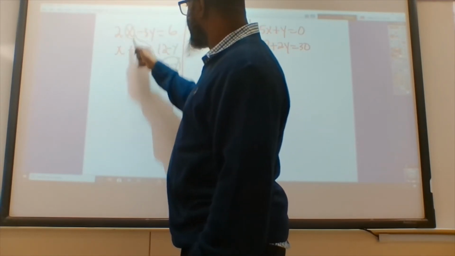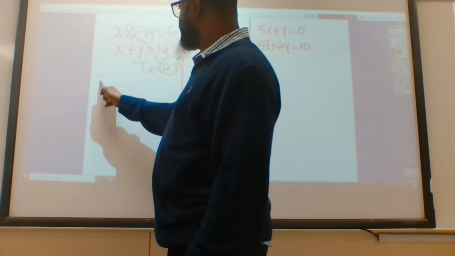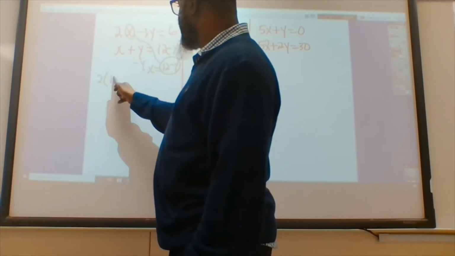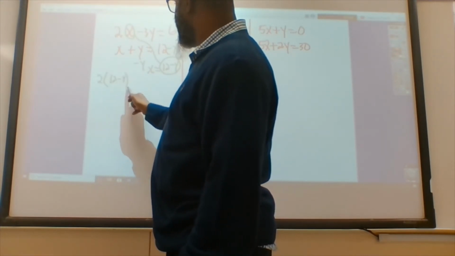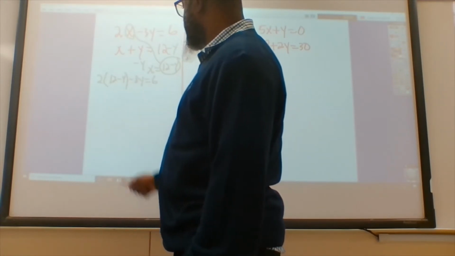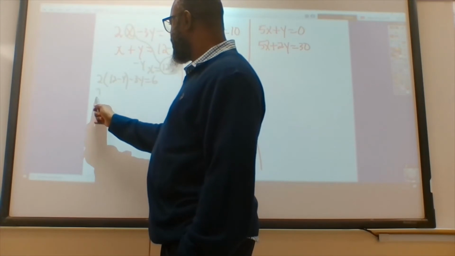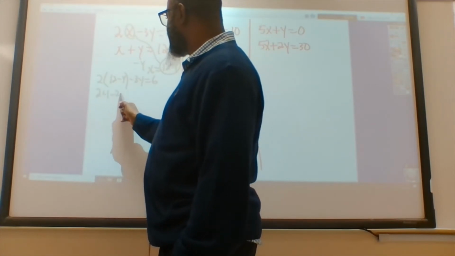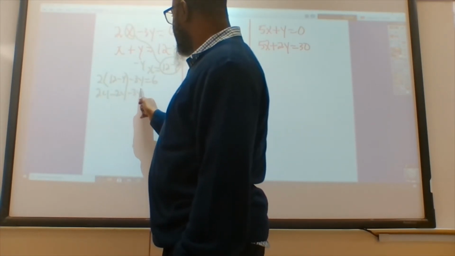So I will have 2 open parentheses 12 minus y, minus 3y is equal to 6. So you do your distributive property, you will end up with 24 minus 2y minus 3y is equal to 6.